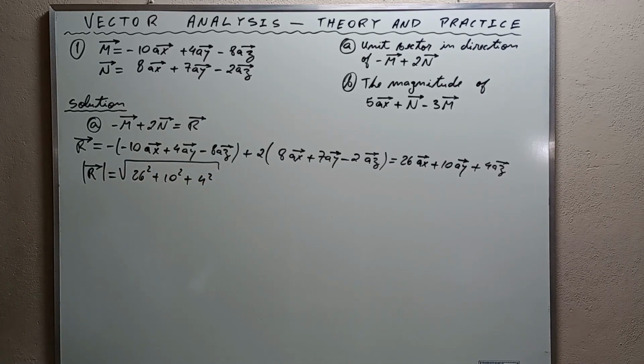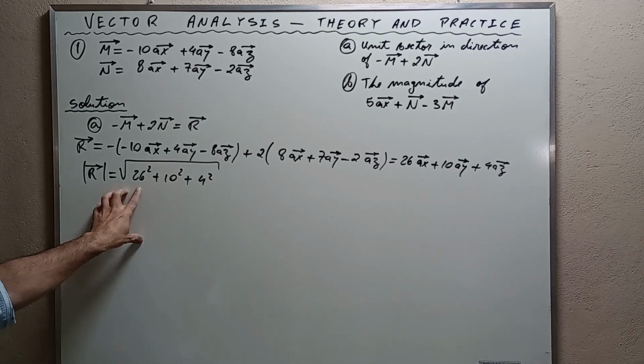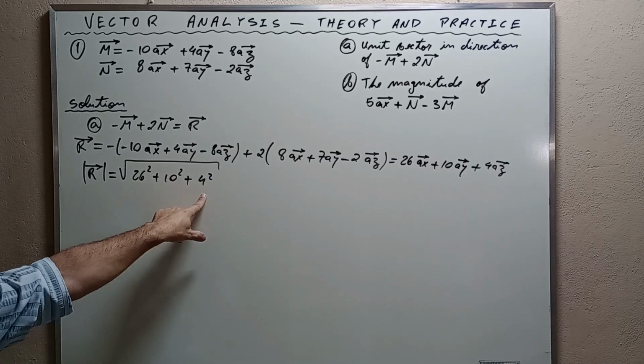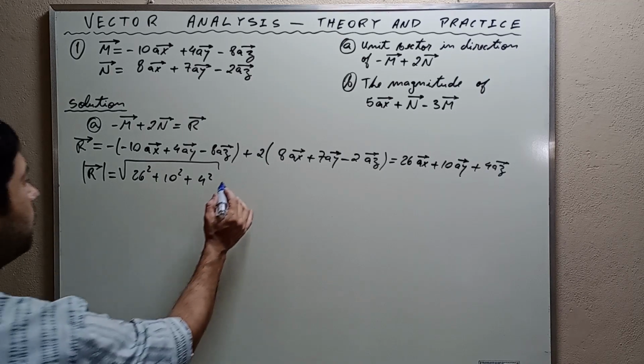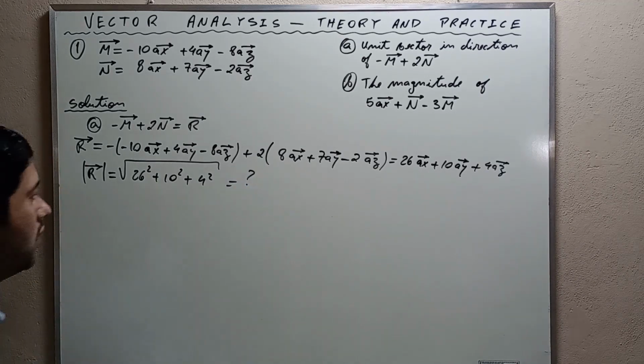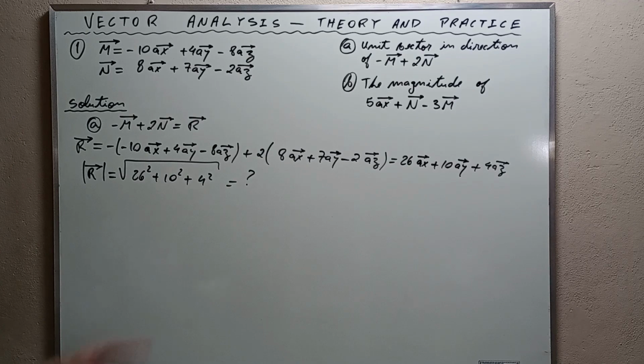Okay, the magnitude of a vector is the square root of the sum of the squares of its components. And now I'm going to leave it for you to do at home, okay? It is extremely simple. I'm gonna let you do it.